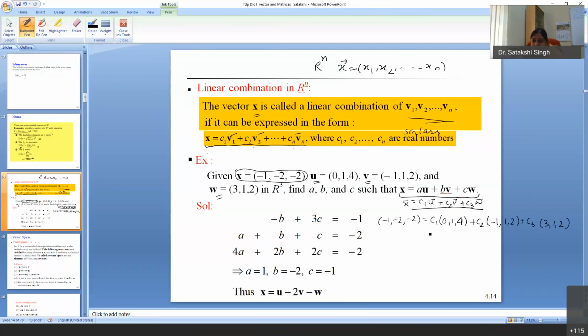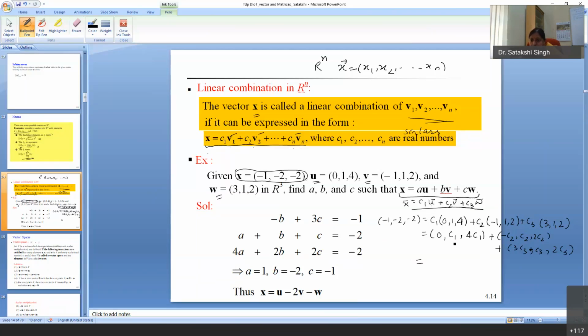Now if we use scalar multiplication, these scalars go inside the vectors and give us (0, c1, 4c1) plus (-c2, c2, 2c2) plus (3c3, c3, 2c3).